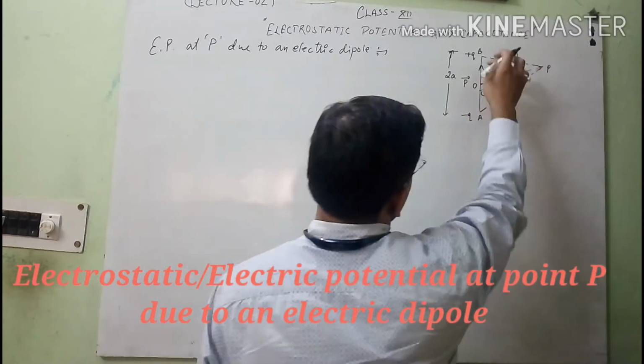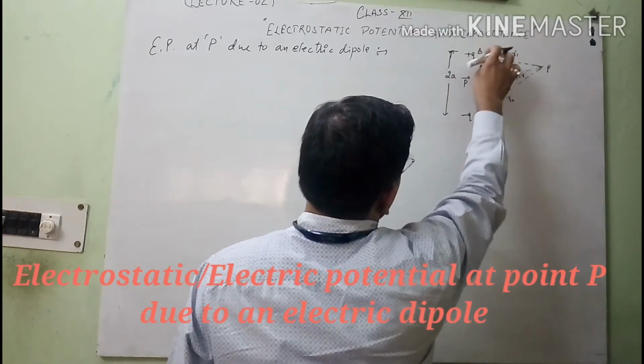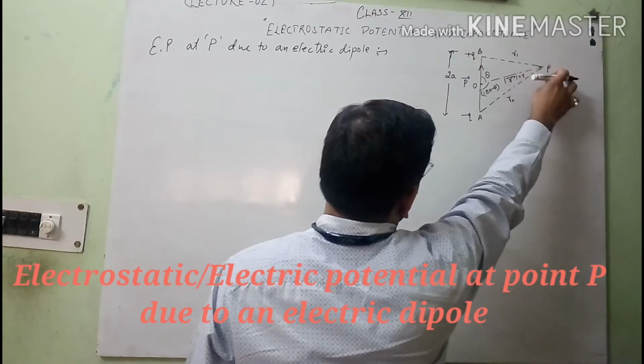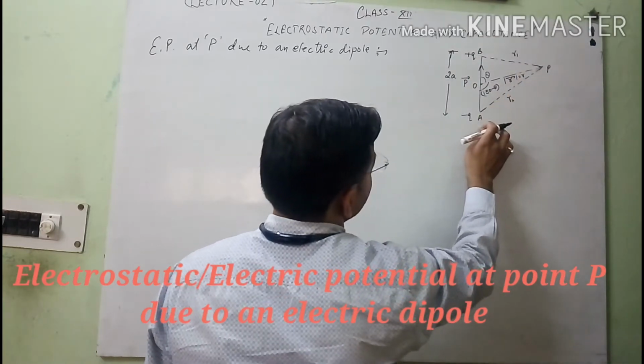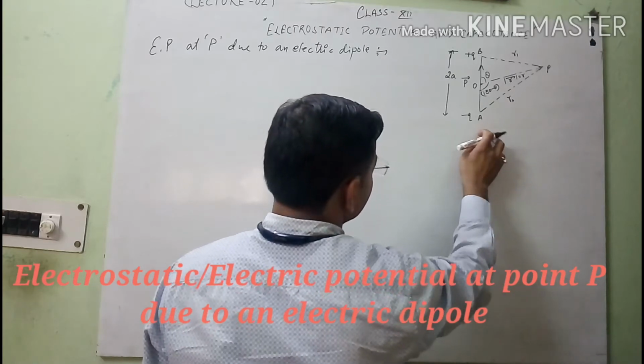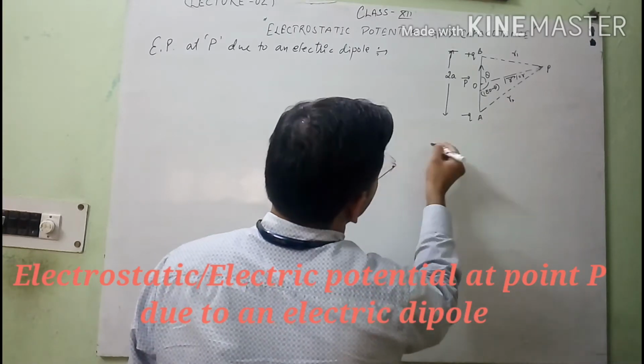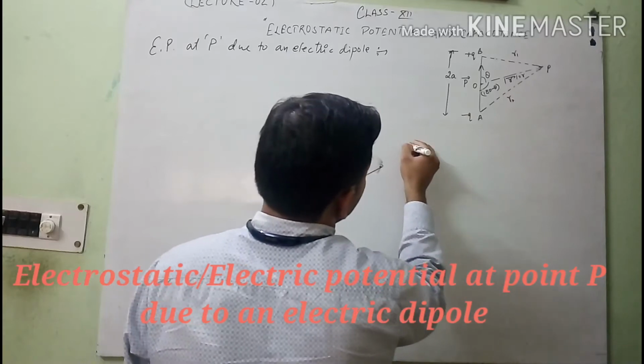So first of all, we will calculate the electric potential at point P due to charge B, and similarly the electric potential at point P due to charge A. Let us do it.